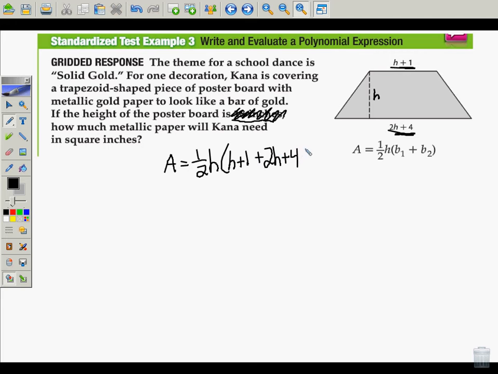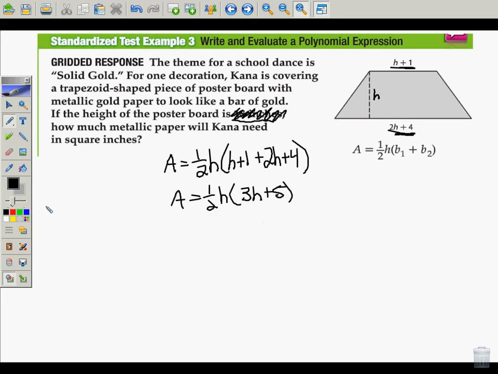Then I'm going to work on simplifying this. I've got area equals 1/2 h times, in parentheses, combining my like terms, h plus 2h is 3h. Notice, since I'm only adding, the exponents of the variables don't change. And then I've got 1 plus 4 gives me 5. So now I've got 1/2 h times the quantity of 3h plus 5.